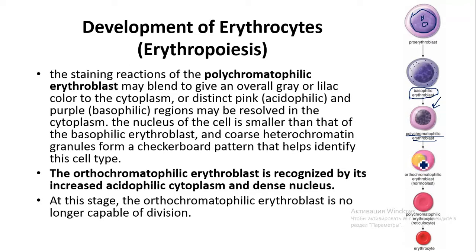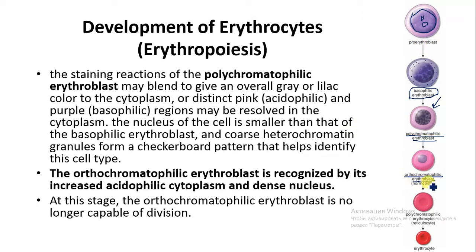That's why this cell is sometimes named the orthochromatophilic erythroblast, like in this book where I got this diagram, or another name is acidophilic erythroblast. Okay, let's continue. Then the orthochromatophilic erythroblast. What's the difference? Much more hemoglobin is collected, and until this moment, cells are dividing.